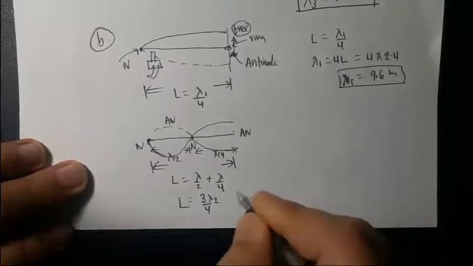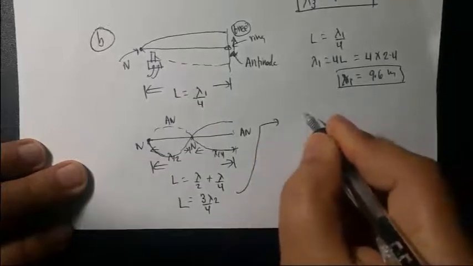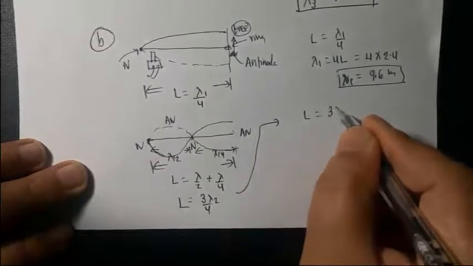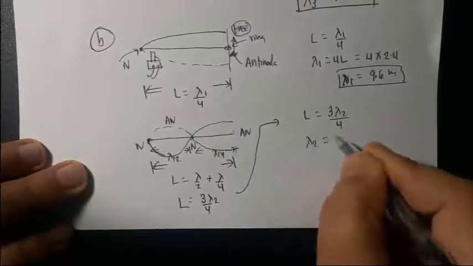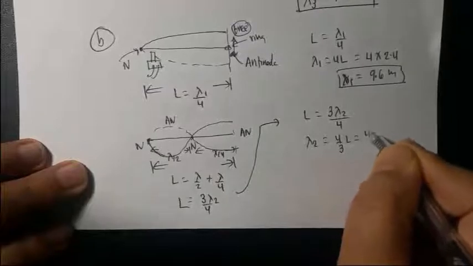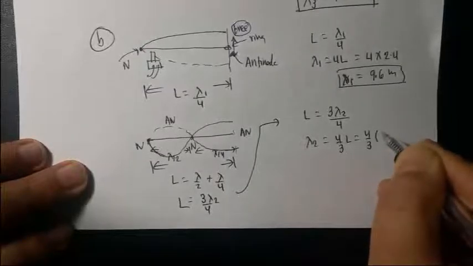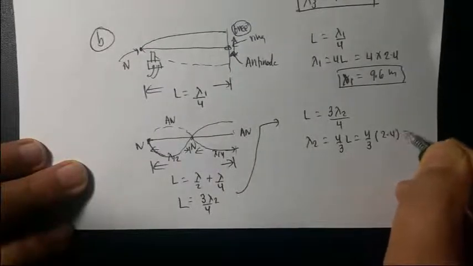It's lambda 2. Okay. Now L has to satisfy this condition: lambda 2 is 4/3 of the length, 4/3 of 2.4.